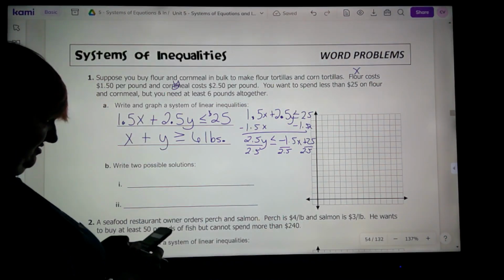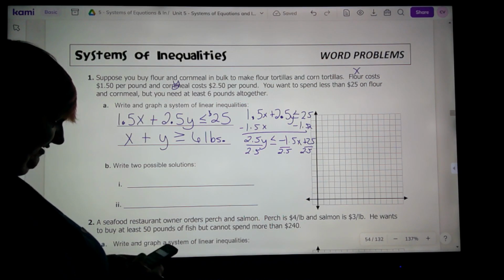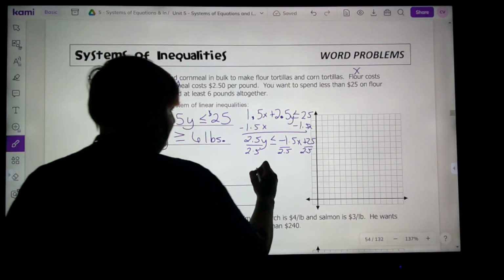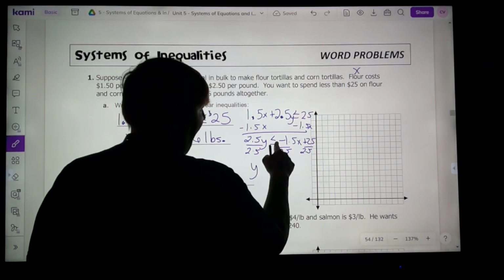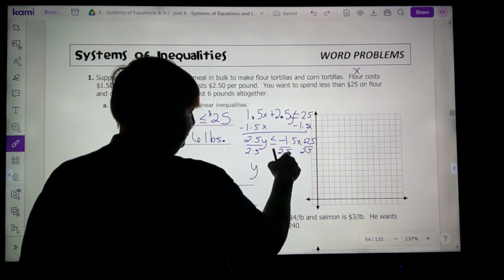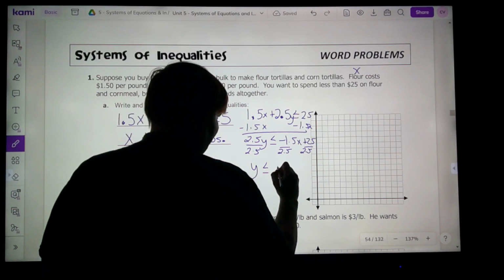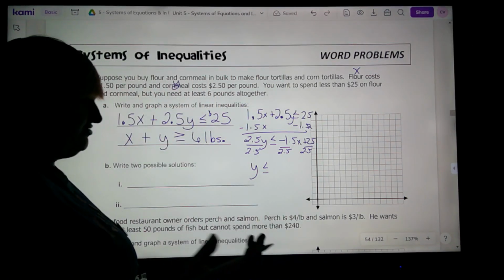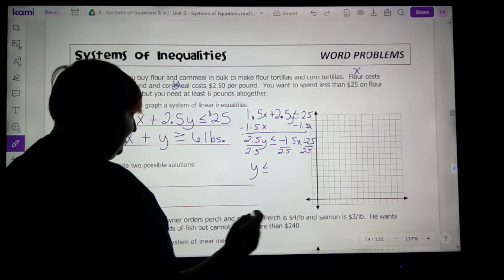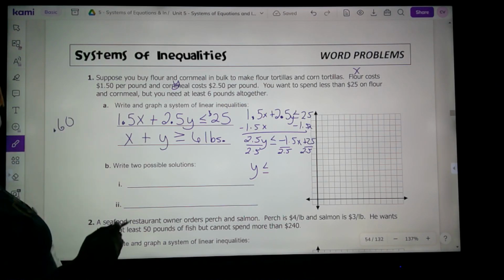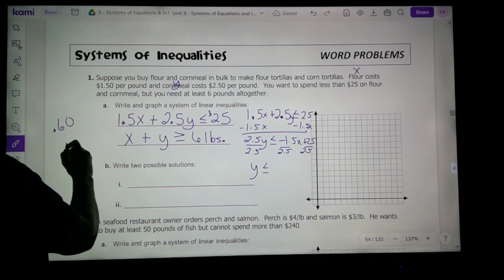Let's see. 1.5 divided by 2.5 is 0.60. So if you divide 1.5 by 2.5, you end up with y is less than or equal to negative 3/5 x. 60% is 3/5. Why? 60 cents of a dollar.